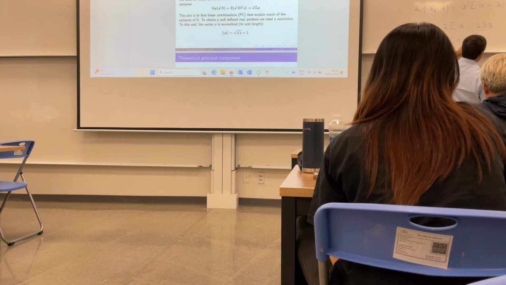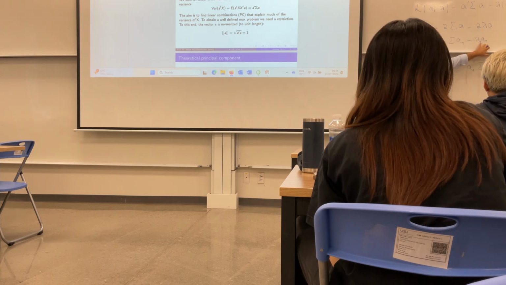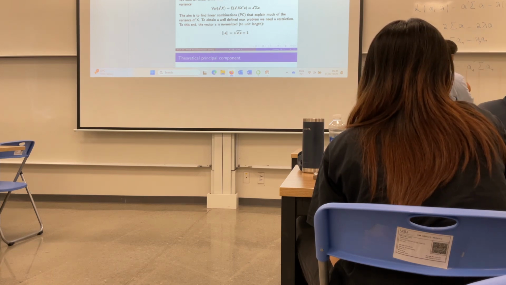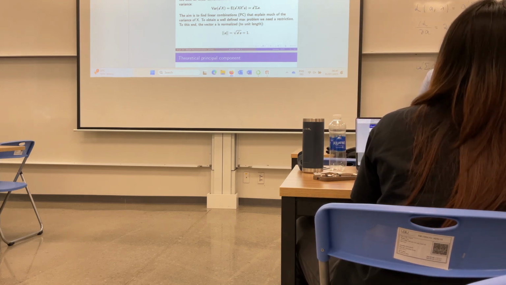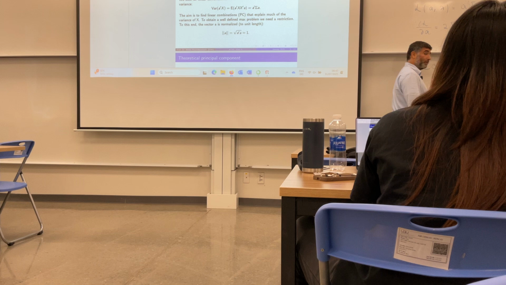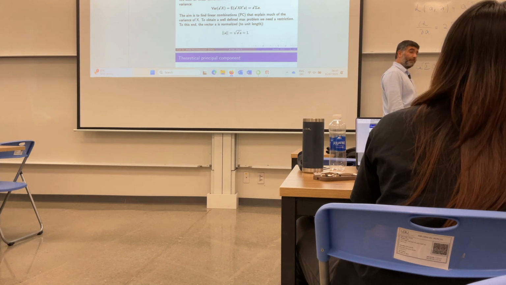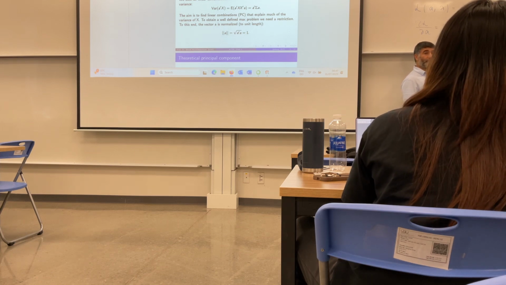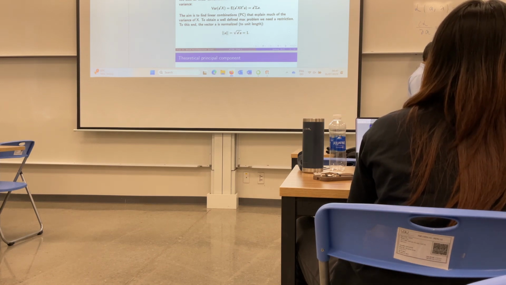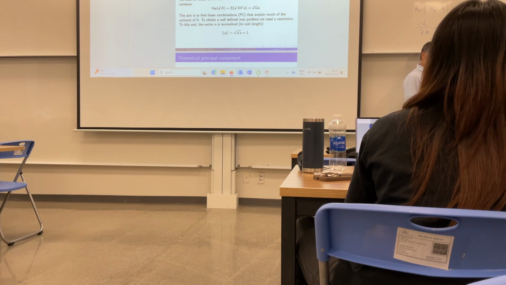But sigma A1 is lambda A1. So this is equal to A1 prime lambda 1 A1. So simply instead of sigma A1, we're plugging in the value from the first order condition. What is A1 prime times A1?